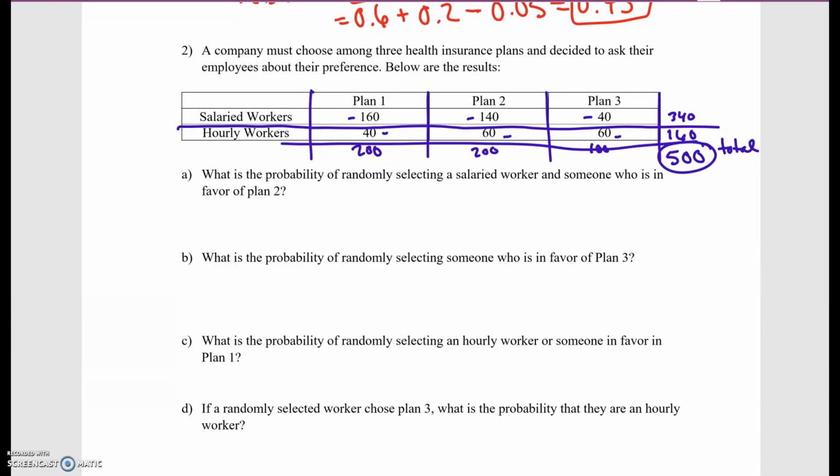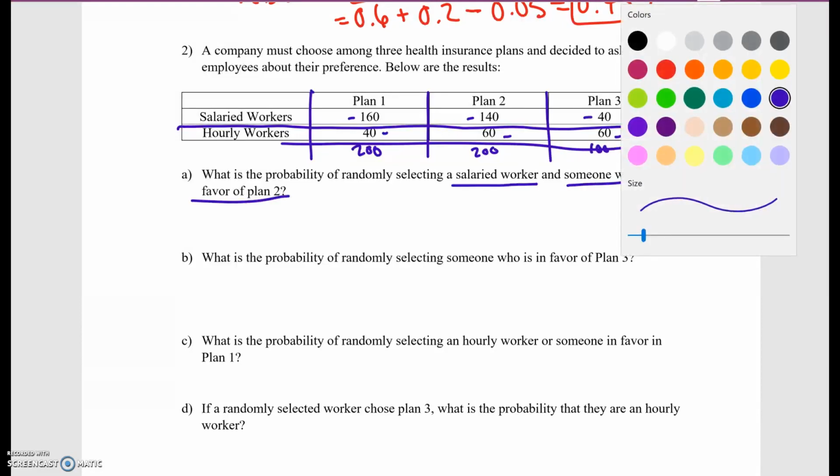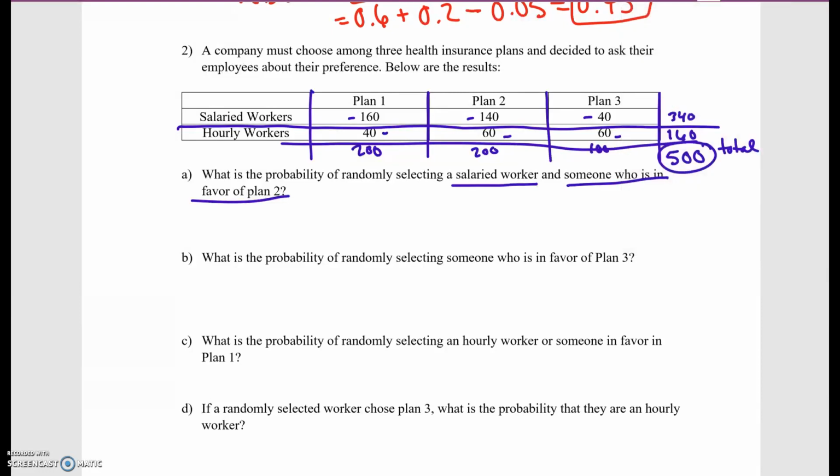Okay, so now we want to figure out the probability of randomly selecting a salaried worker and someone who is in favor of plan 2. All of those probabilities will be here. Here are all of my salaried workers. All of this row represents all of my salaried workers.